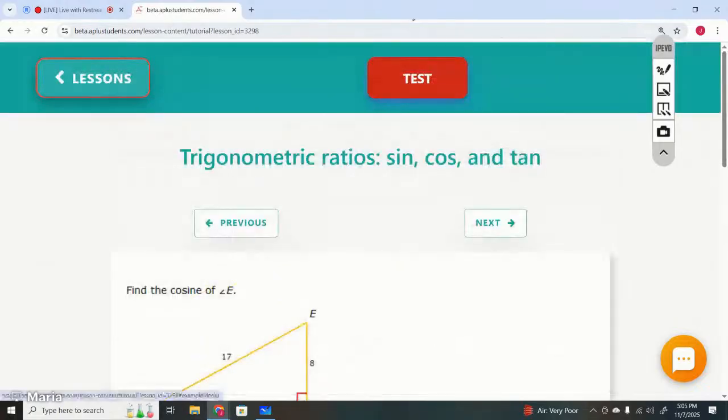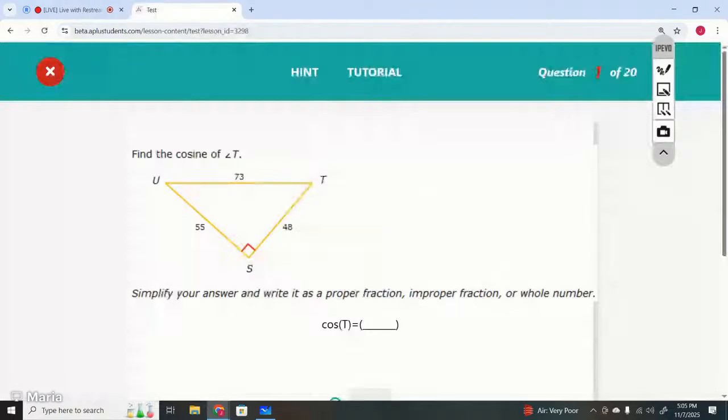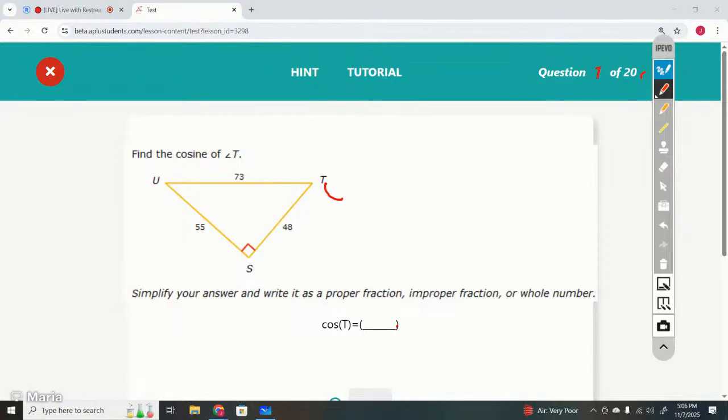Let's just start with the test questions. Find the cos of angle T. Okay, here is angle T, right?